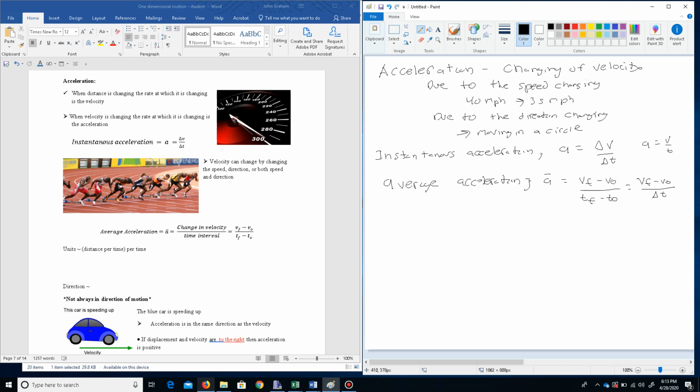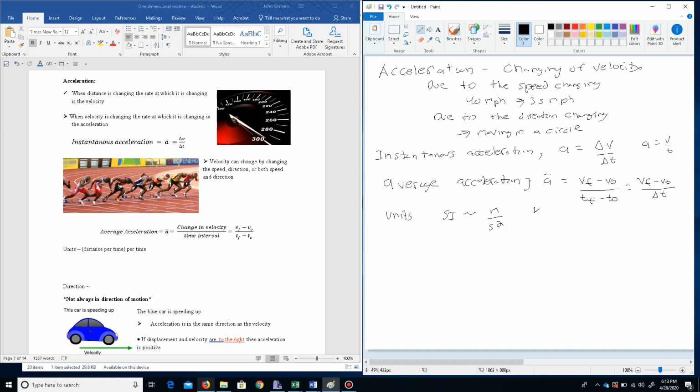Now, the units for acceleration, the SI unit, is meters per second squared. You can have any other units in terms of a distance per time squared.